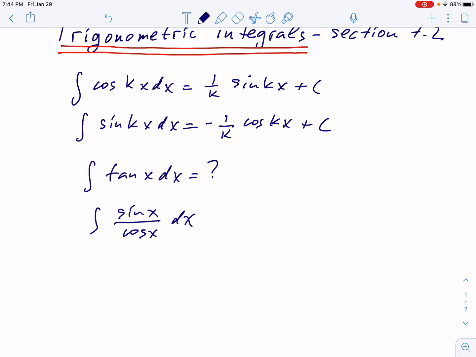The equations are sine x dx is negative d cosine x, because the derivative of cosine is negative sine, and the negative is for compensation. So this is an equation for differential. This comes from d cosine x over dx is negative sine x. That's the same equation.